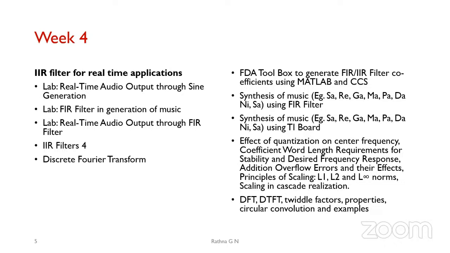And if you want to do the linear convolution, then the lengths have to be adjusted: if L is the input length and M is the length of the other coefficient sequence, then both have to be adjusted to L plus M minus 1. If you do the convolution then, you'll be getting linear convolution using circular convolution in the DFT domain. Some examples we took, so you can see more examples and how to implement them in MATLAB.